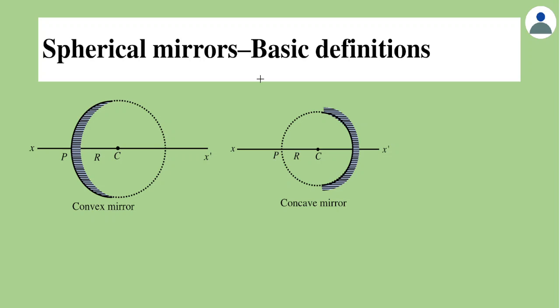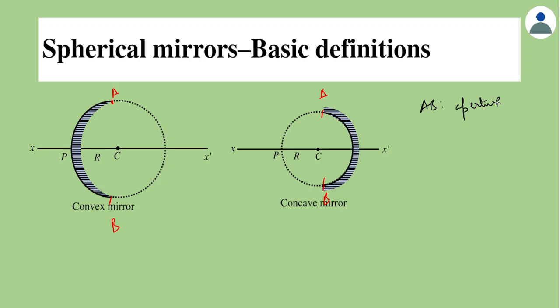We'll look at some definitions about spherical mirrors. First and foremost, the part where light reflects, for example from here to here, is called the aperture. We call this A, B. This also is A, B. So this A, B is called the aperture.